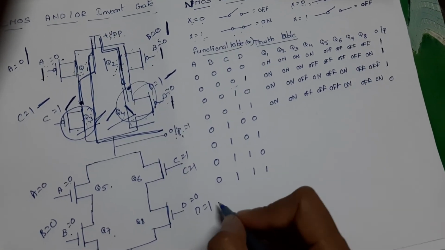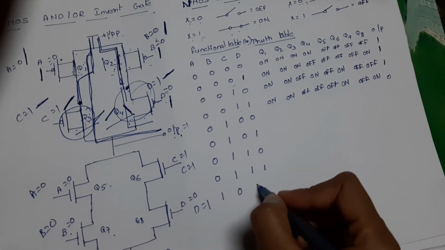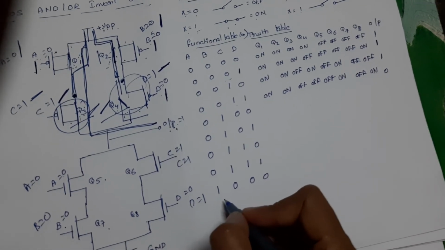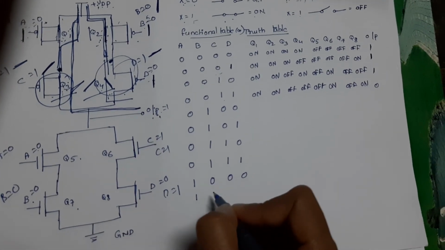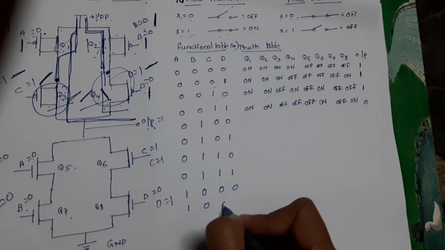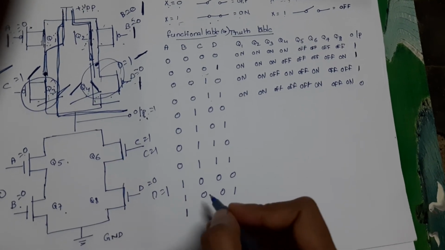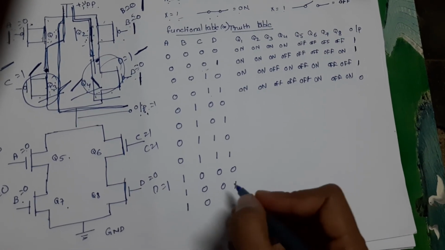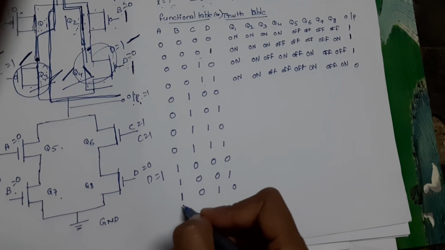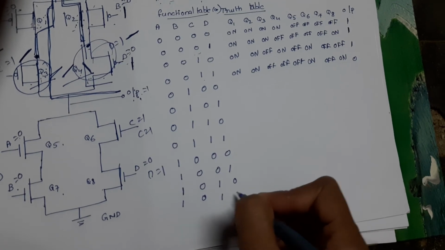So next input is 1, 0, 0, 0. The next input is 1, 0, 0, 1. The next input is 1, 0, 1, 0. Next input is 1, 0, 1, 1.